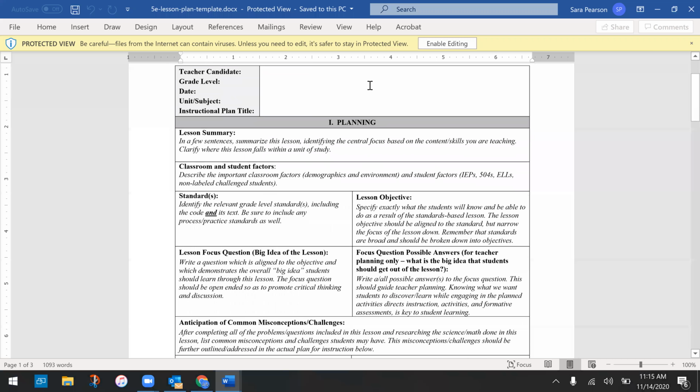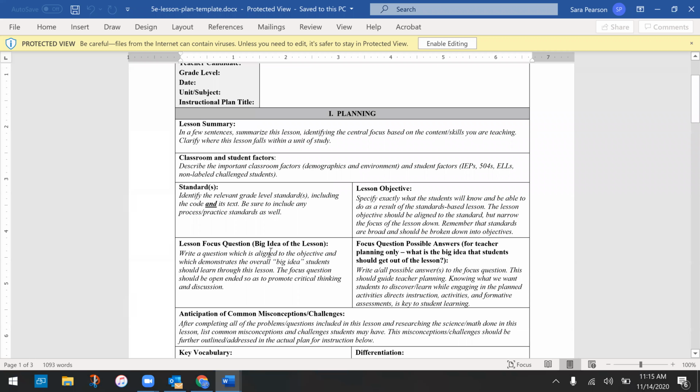And so the biggest difference is you have a lesson focus question in which you'll have students answering this idea of a focus question. So, for example, if I was doing a multiplication problem, I could ask, how can we make equal groups, or something just very general that's going to lend to that idea of equal groups and multiplication.